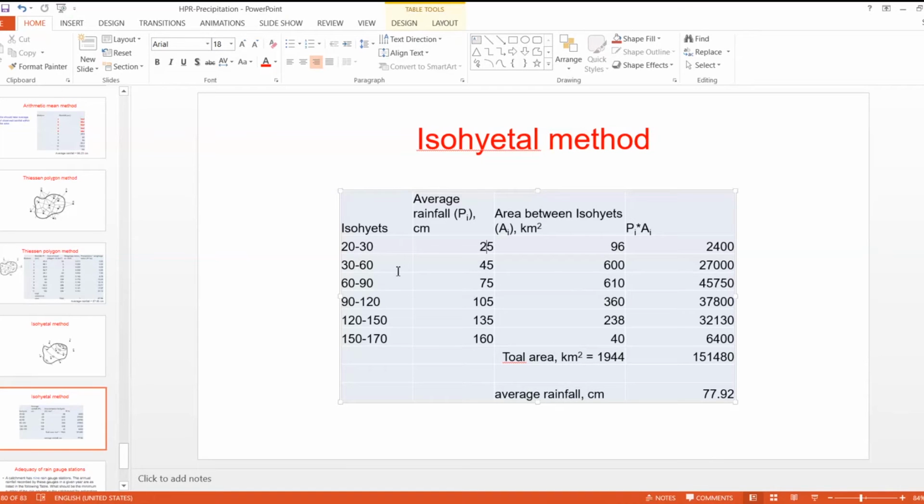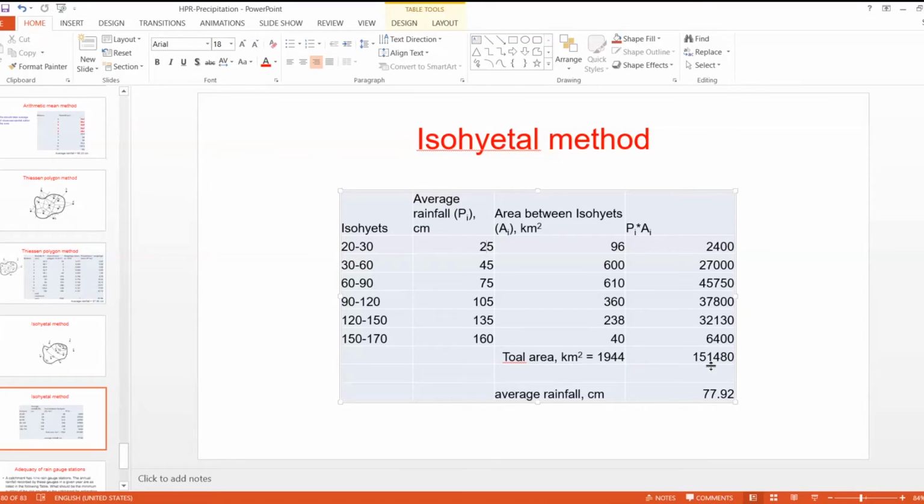Similarly, the volume of rainfall between isohyets 30 and 60 is given as 45 into 600, that is equal to 27,000 kilometer square centimeter. Now we add all together, and that comes out to be the total volume of water resulting from the rainfall in the catchment.